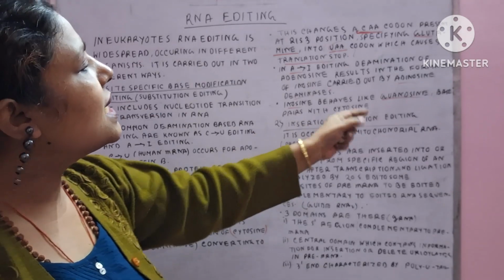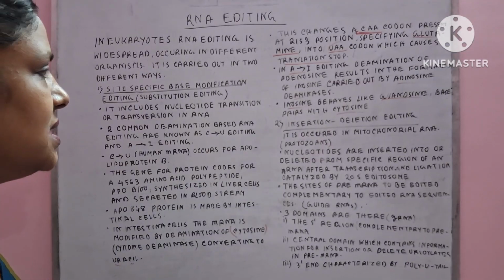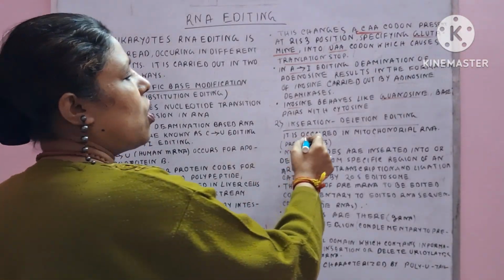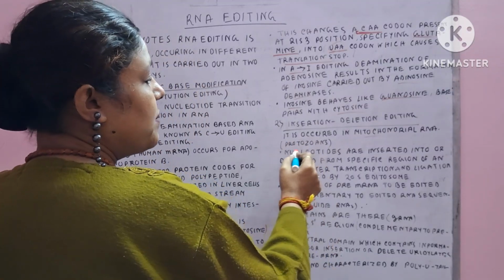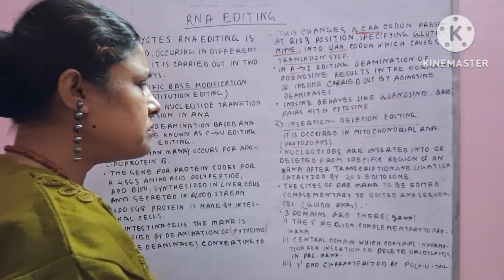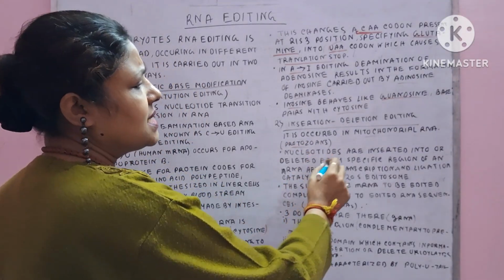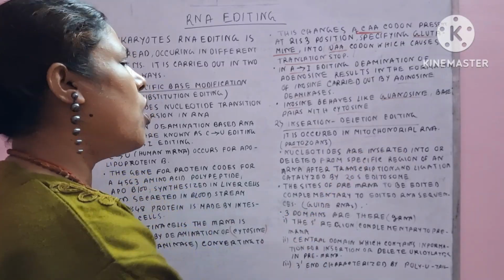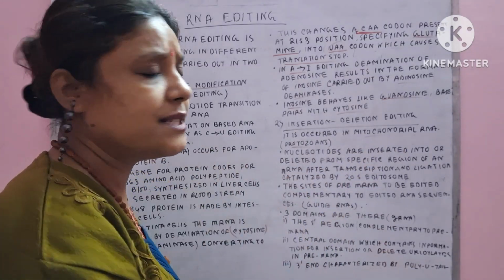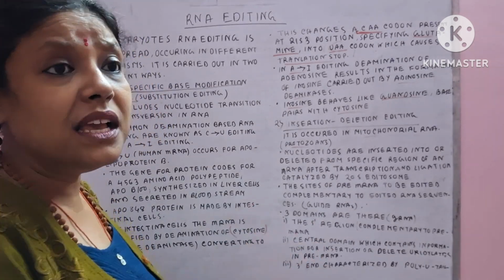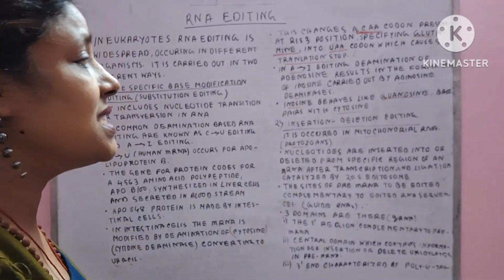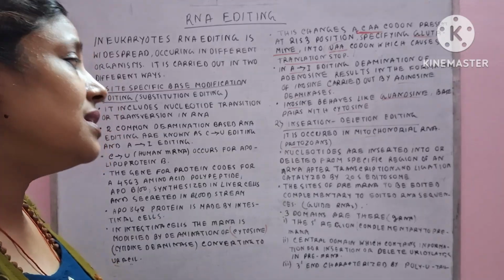The second one is the insertion and deletion editing, and this occurs in mitochondrial RNA in the protozoans. Here nucleotides are inserted or deleted. And obviously the ligation process is involved just after the insertion or the deletion.